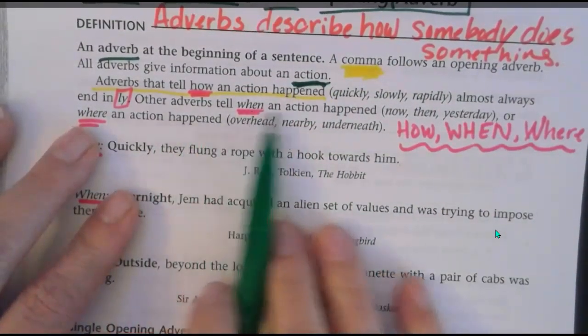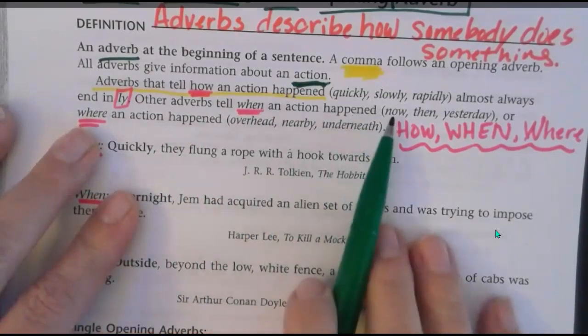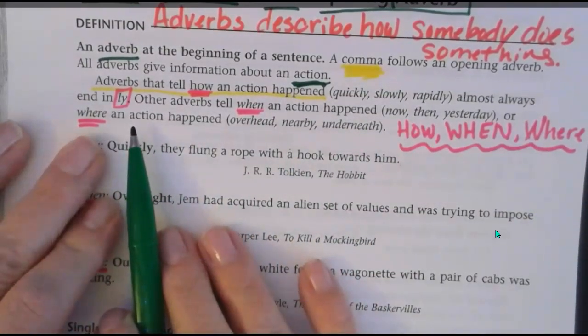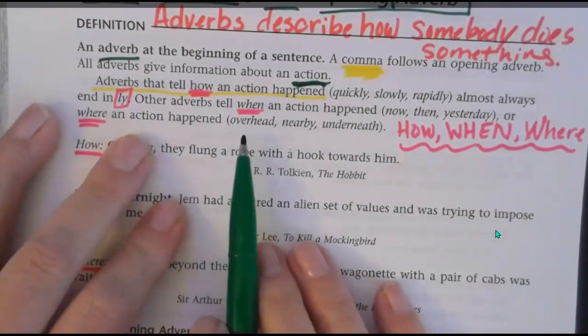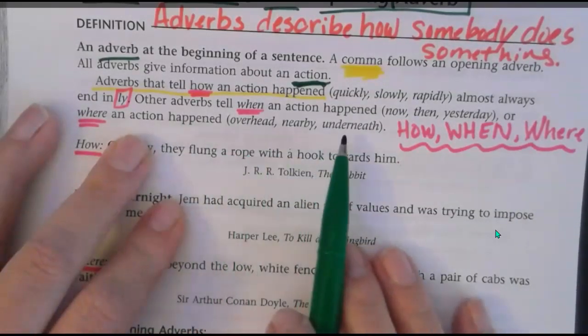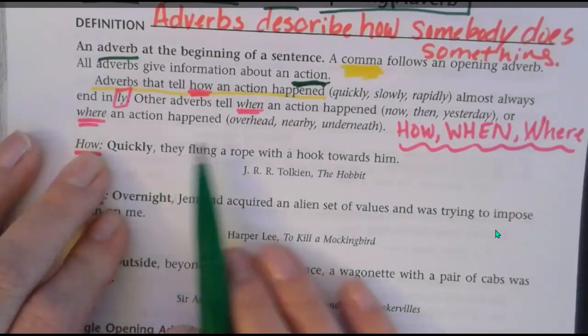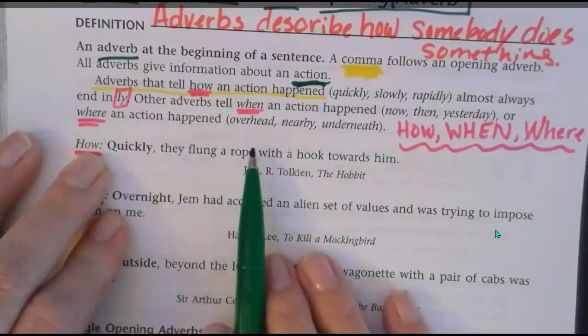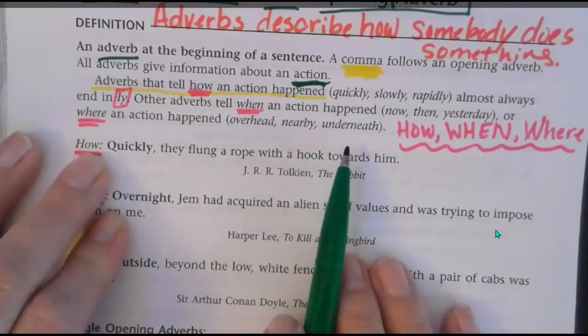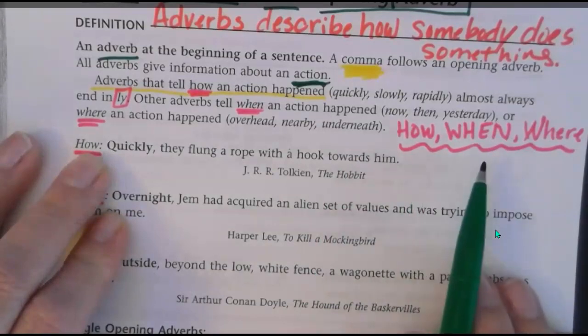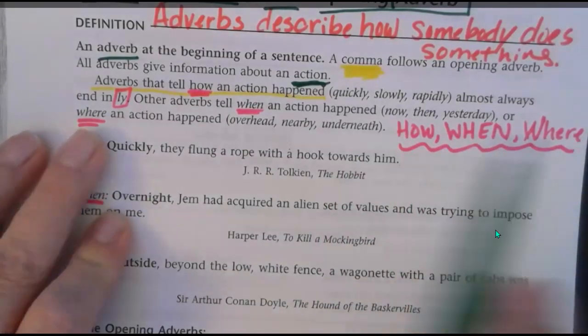Adverbs that tell you how an action happened, so quickly, slowly, rapidly, almost always end in ly. Other adverbs tell when an action happened, now, then, yesterday, or where an action happened, overhead, nearby, underneath. So when we're looking at adverbs, we're looking at how, when, and where things happen.